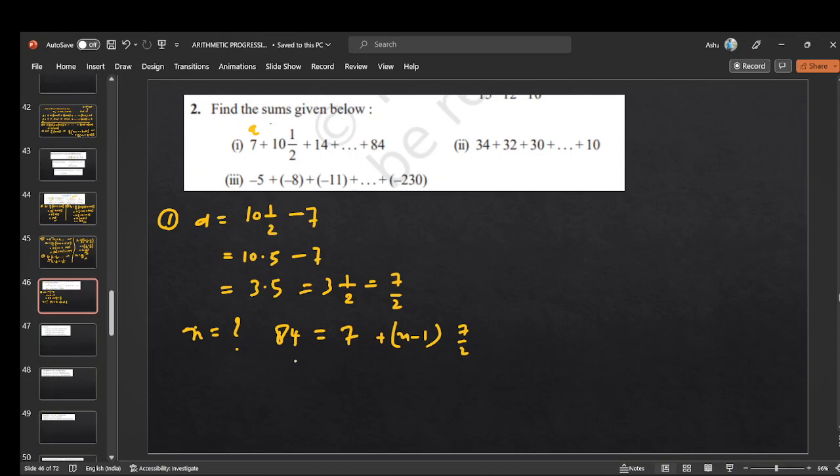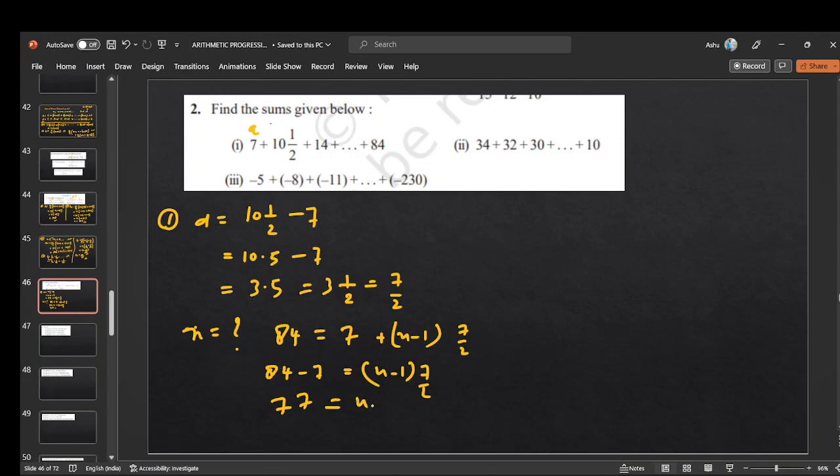Now, what is the difference 84 minus 7? Clear? 84 minus 7 equals n minus 1 into 7 by 2. This will be 77. Clear?